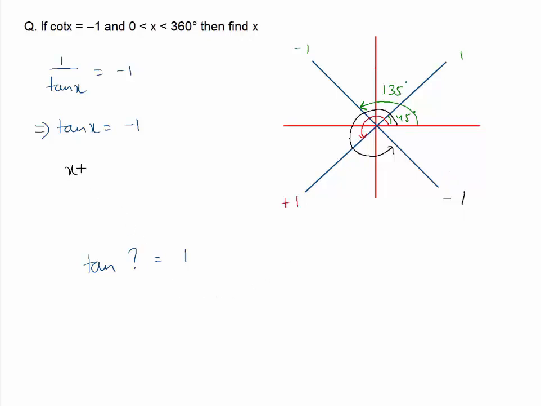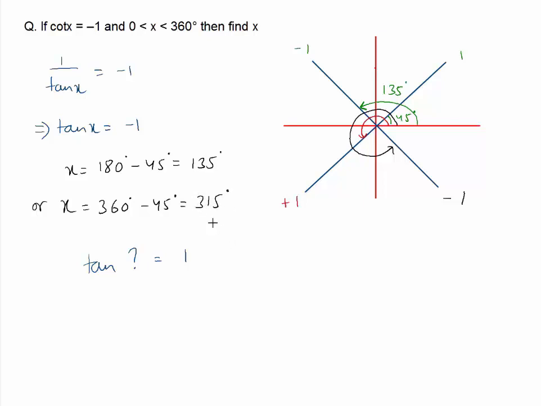Now we just need to talk about from 0 to 360. So x would be equal to 180 degrees minus 45 degrees, which is 135 degrees. So this is one of the answers. Or x would be equal to this black angle. Since this is 45 degrees, the given angle would be 360 degrees minus 45 degrees, which gives us 315 degrees.